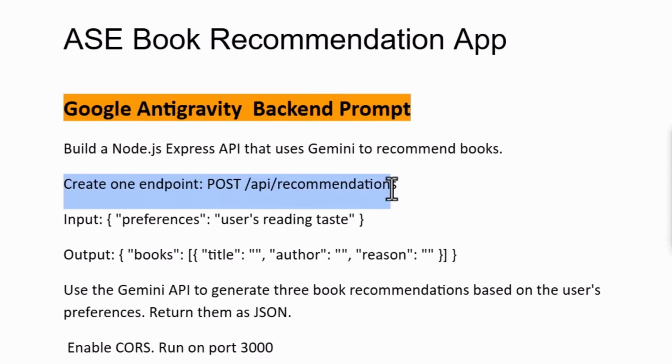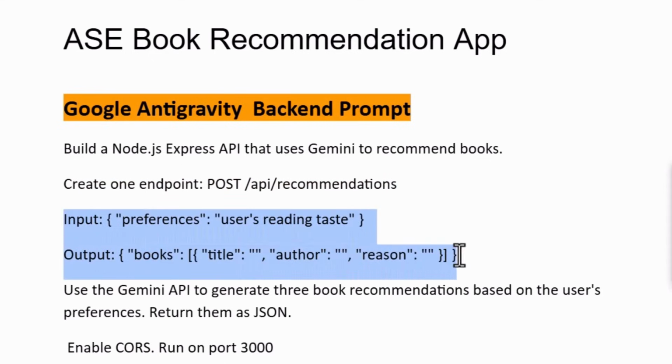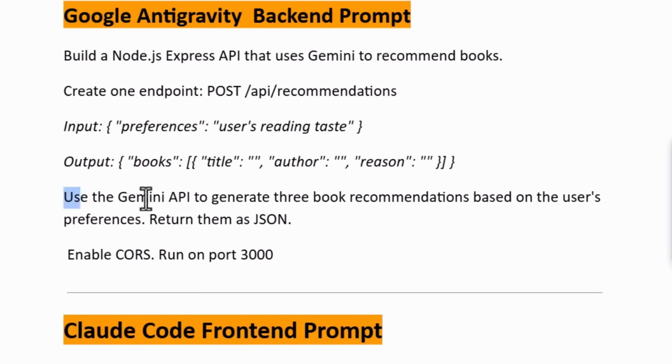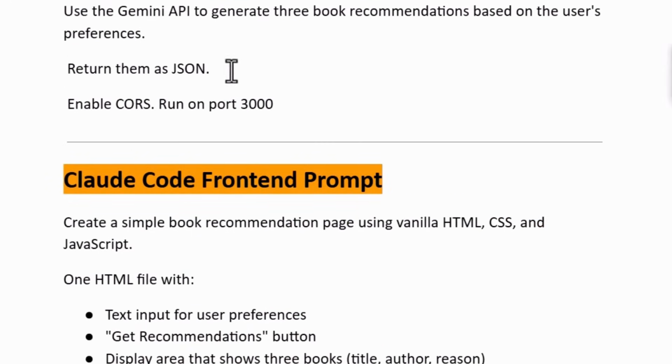So we'll create one endpoint, POST /api/recommendations, then the input will be preferences, the user's reading taste, then it's going to output some JSON data. We will use the Gemini API to generate 3 book recommendations based on the user preferences and return JSON. We're going to enable CORS and we're going to run on port 3000.